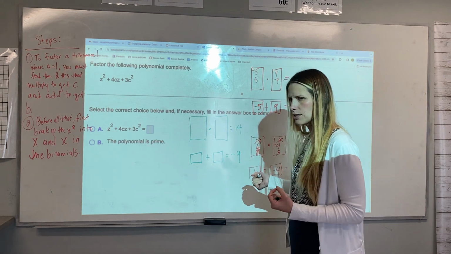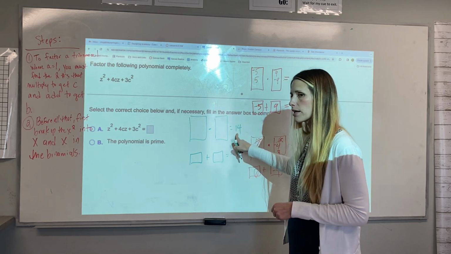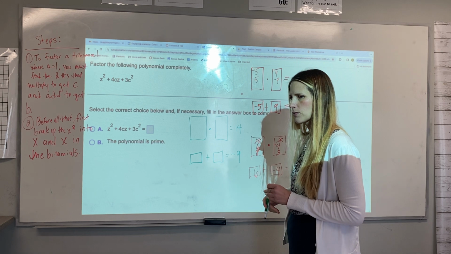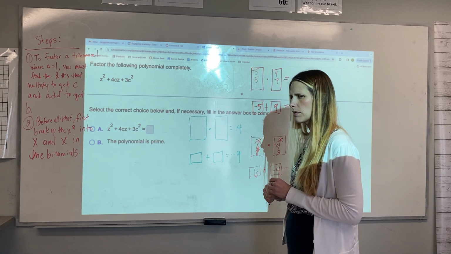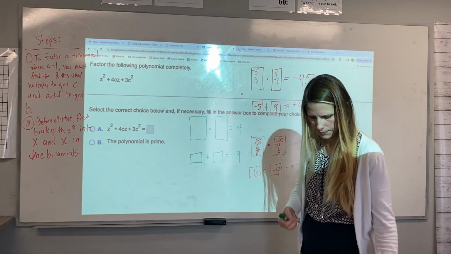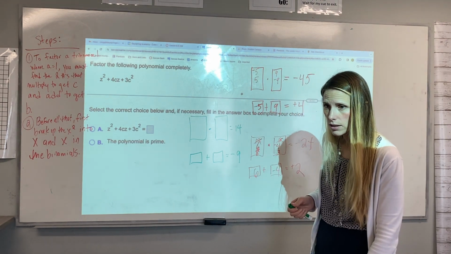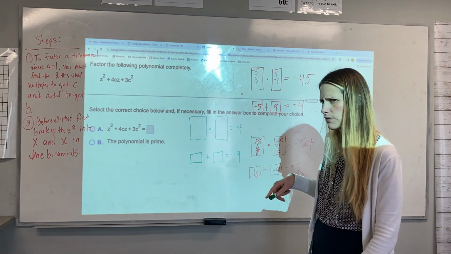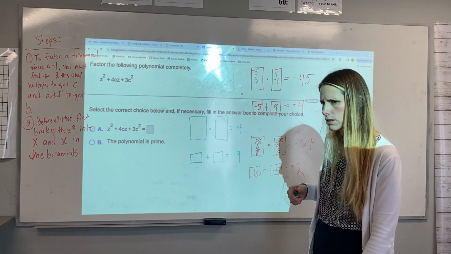What signs do they need to be to get a positive product, but a negative sum? Are you able to try to think about that without the calculator or no? So when you did negative 7 times positive 2, what did you get?